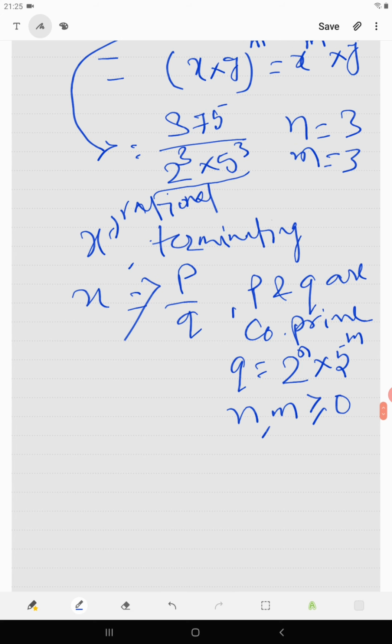So in the first theorem we go the other way: x is rational and terminating, then x can be represented as p by q, where p and q are co-prime and q equals 2 to the power n into 5 to the power m, with n and m greater than or equal to 0. This is the first theorem.